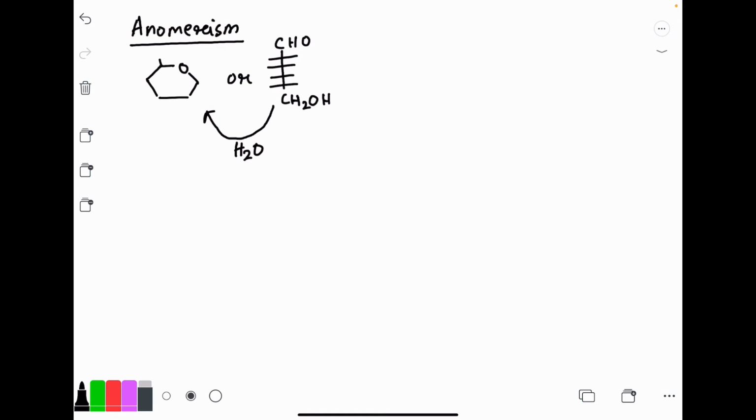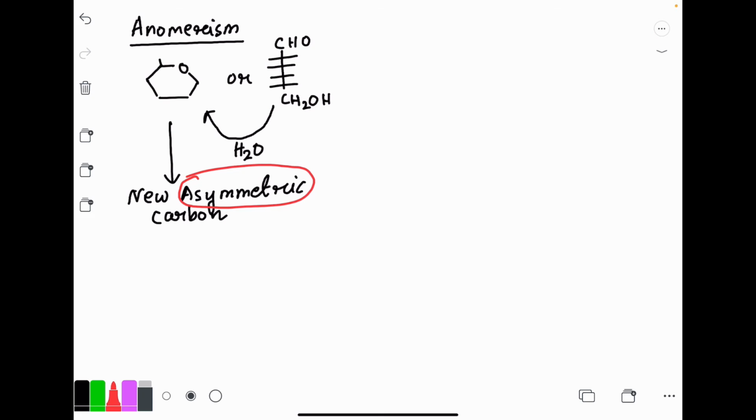This conversion from chain form to ring form results in the formation of another asymmetric carbon, and the arrangement of H and OH group around this new asymmetric carbon results in another type of isomerism.